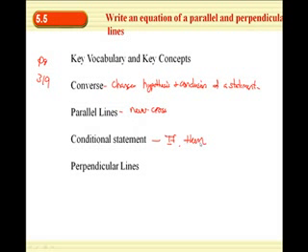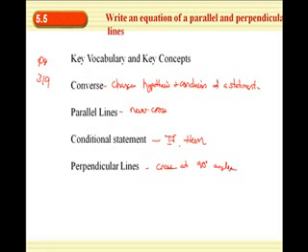Okay, if you save your money, then you will have enough to buy the bicycle that you want. Those are conditions. It depends on the conditions. Perpendicular lines are lines that do cross, and they cross at 90-degree angles. Okay, so we'll be doing those.